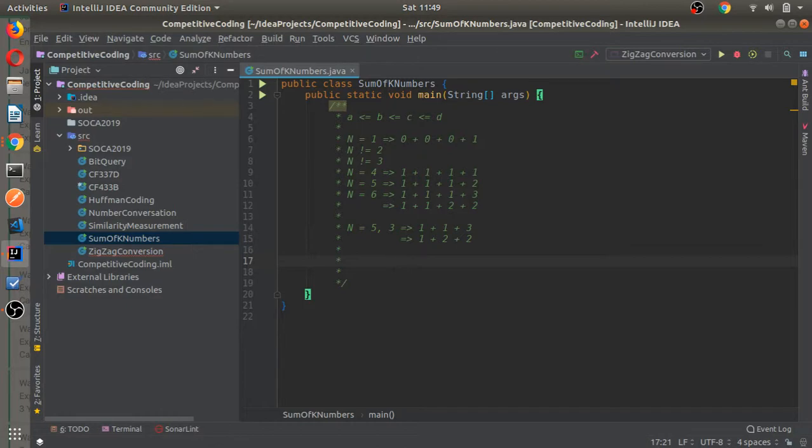From these two lines we can see that these two are basically coming from n is equal to 5 with k is equal to 3. K means the number of numbers possible. In this case it is k is equal to 4.